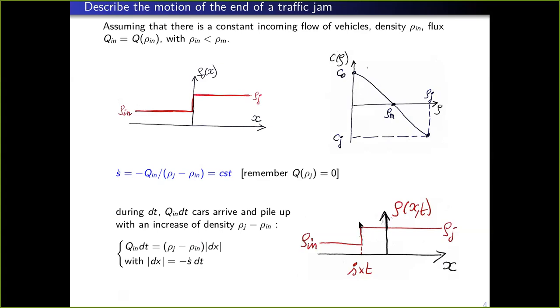So one will have the number of cars, q in dt, equals rho j minus rho in times dx, which is the motion of the shock, in absolute value. Since s dot is negative, the absolute value is minus s dot dt. And combining these two yields the blue formula here.